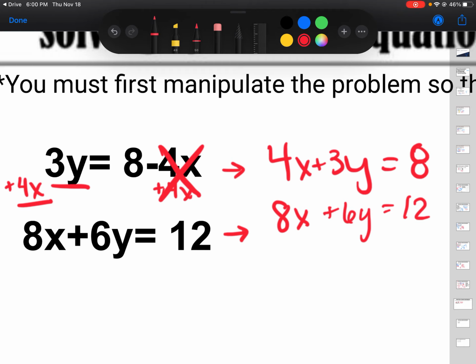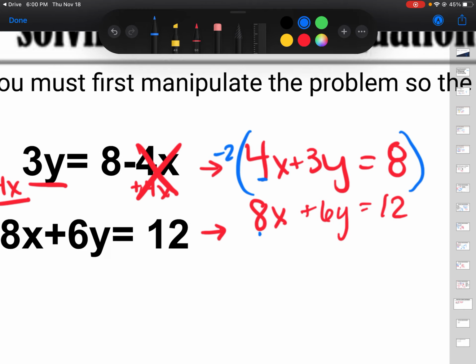Now, let's see what we can cancel. We could cancel our x's. What would we have to do? Can we make this 4 into an opposite of 8? So can we make the 4 into a negative 8? Sure, we multiply by negative 2.